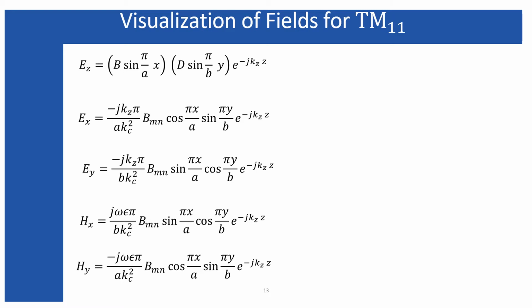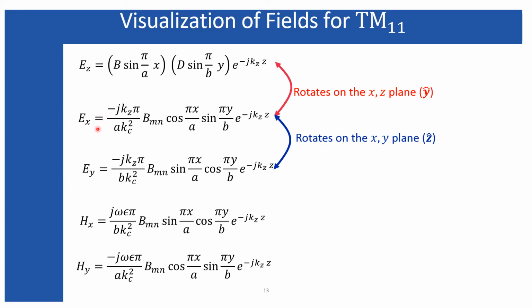Now let's visualize the electromagnetic field which propagates through the rectangular waveguide for the TM11 mode. Since the Ez and Ex components exist, when we observe from the y direction, we should expect that the Ez and Ex vector should rotate, as we have seen in our previous lectures for the parallel plate waveguide as well as for the TE10 mode I discussed in my earlier lecture.